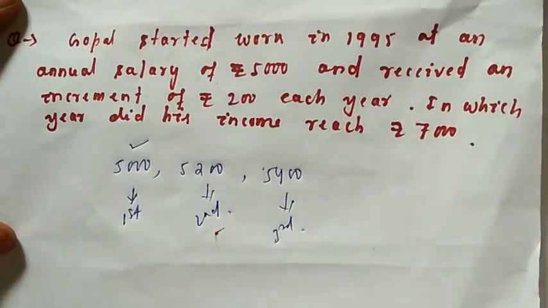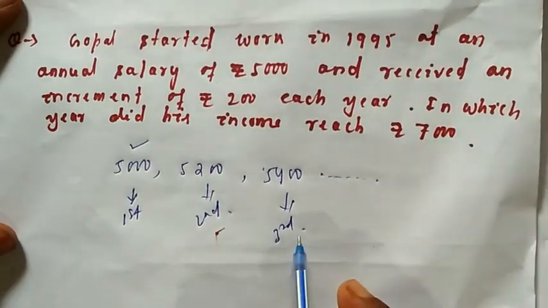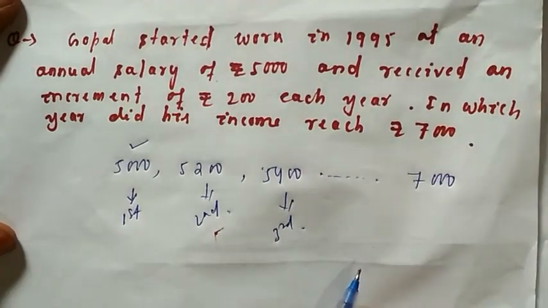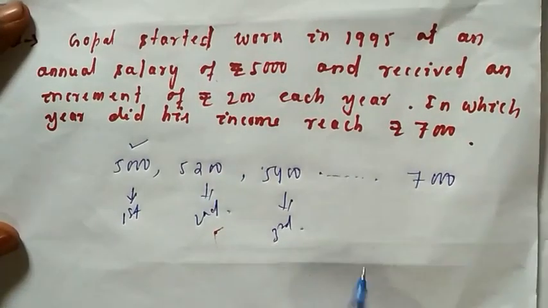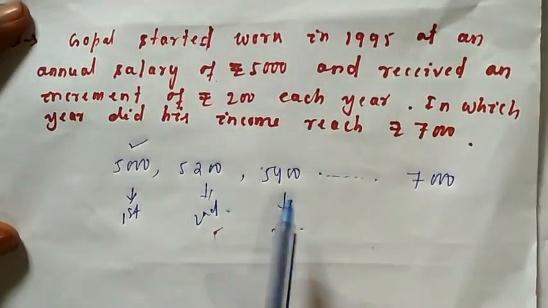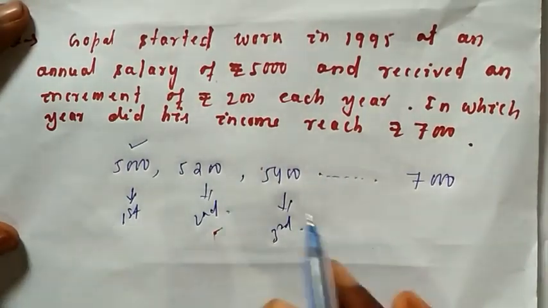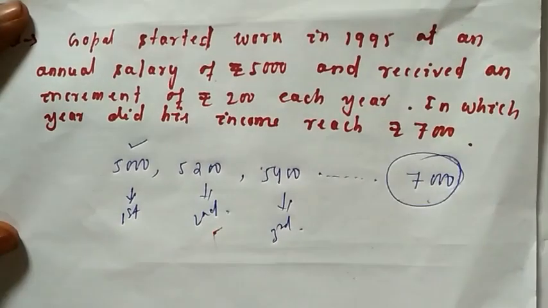If it increased like that, the question is asking in how many years the salary will reach 7,000 rupees. That means you have to find the number of terms. In terms of AP, you can say number of terms. In how many years the salary will become 7,000.